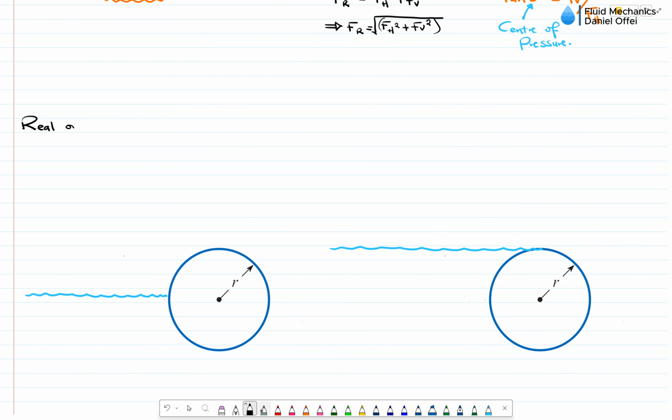So let's explain further what the real or imaginary volume above the curve means. Let's use these two examples to look at the real and imaginary volume.